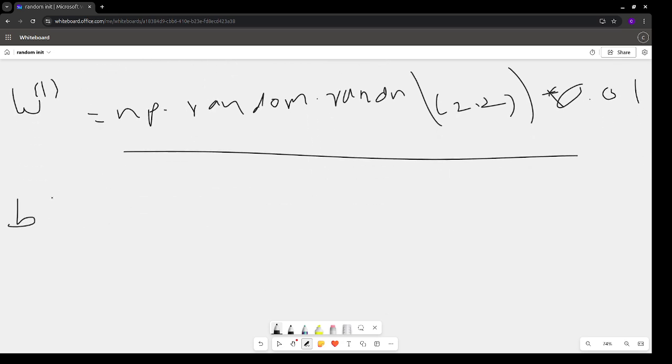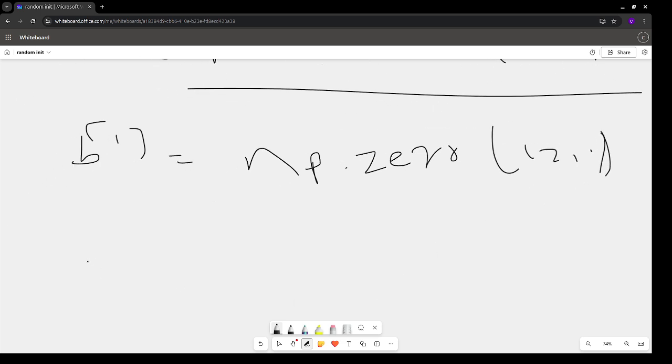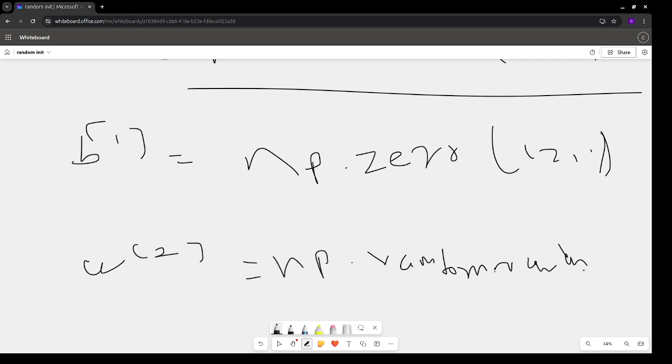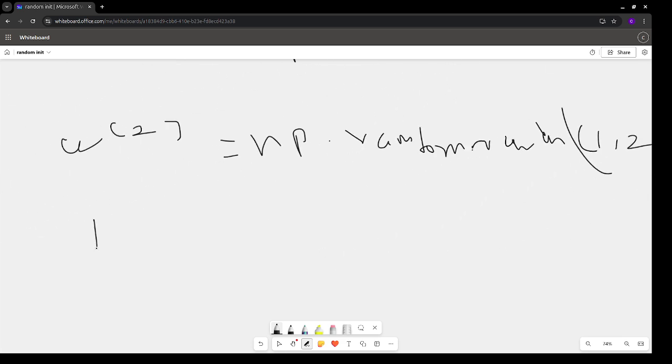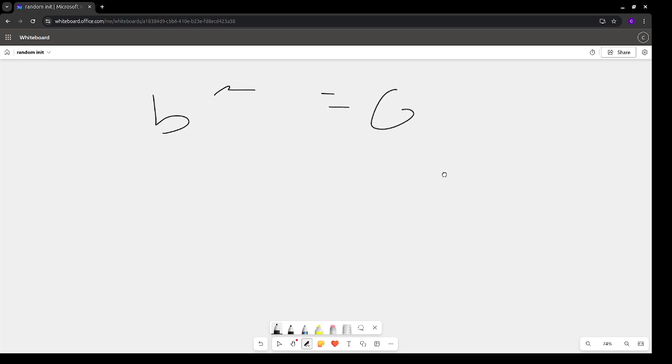Then b1 equals np.zeros, then w2 equals np.random.randn of 1, 2, multiplied by 0.01, right? And b2 will be 0 here.